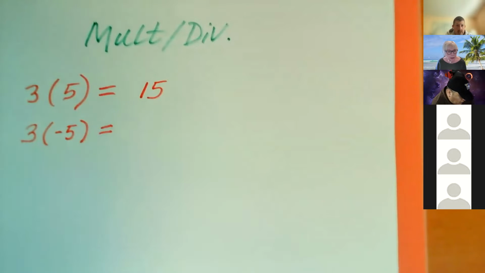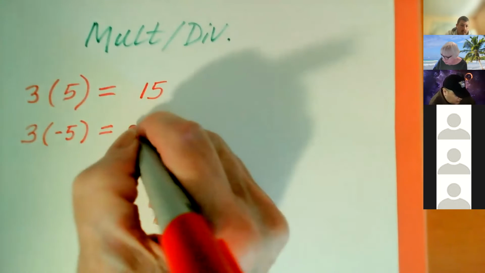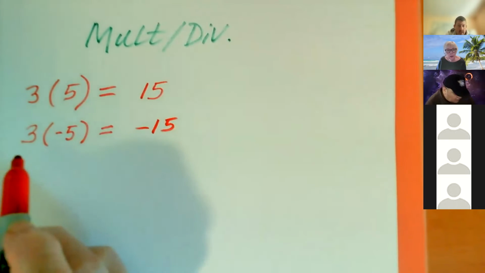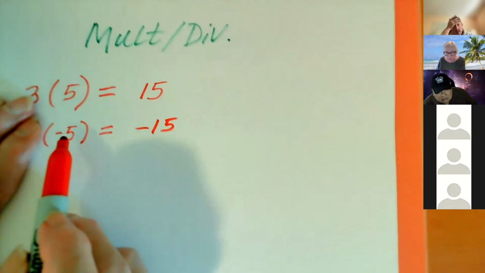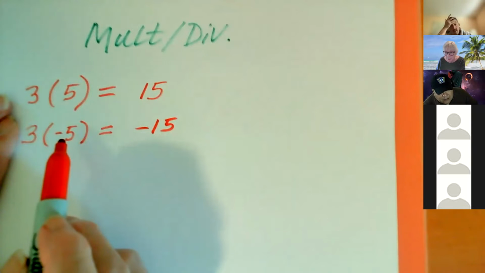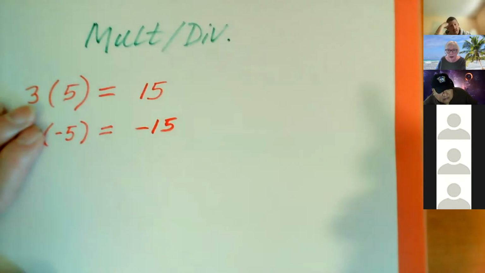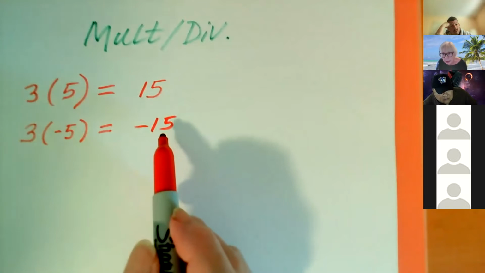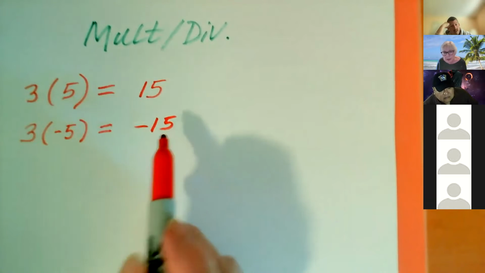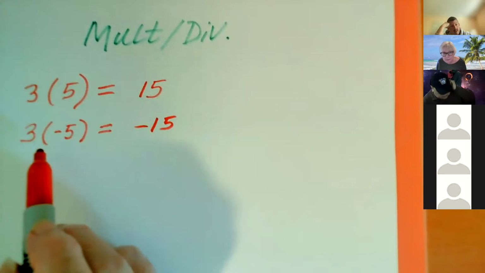Anybody want to guess what that is? Negative 15. Yeah. And so you could make a little story out of this. If you borrowed $5 3 times, negative 5, negative 5, negative 5, you would now be at negative 15. This is multiply, remember.